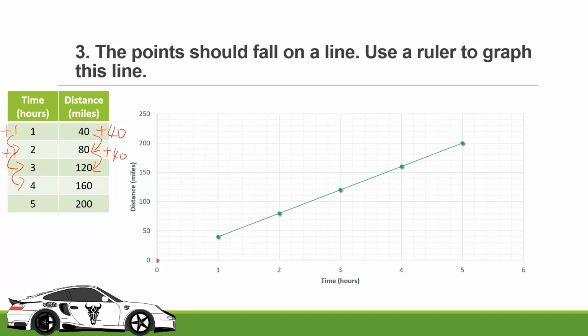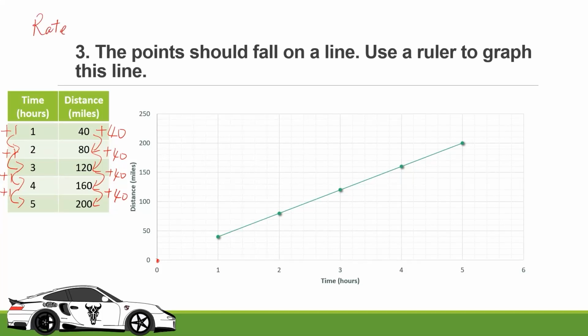And 3 goes to 4, increase 1. The distance from 120 goes to 160, increase 40. The time from 4 to 5, increase 1. And the distance goes from 160 to 200, that's increase 40.